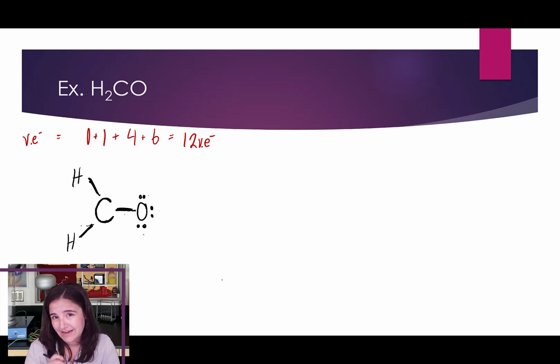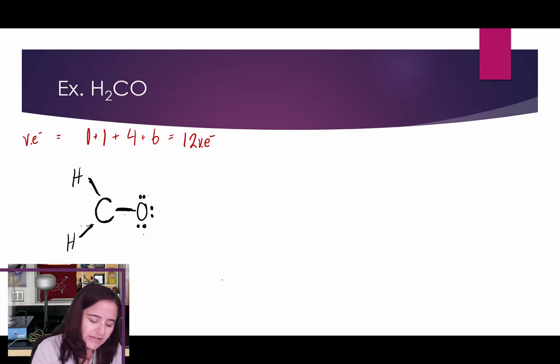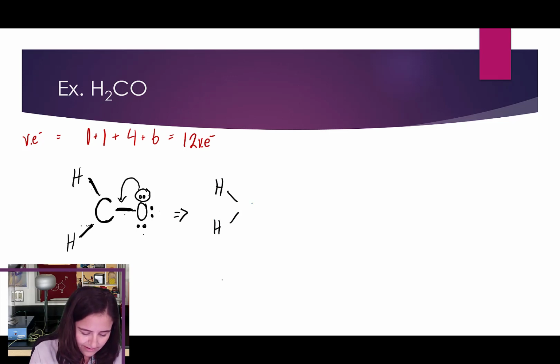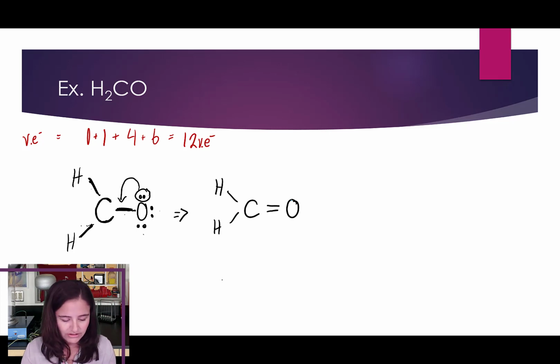Our carbon isn't happy yet. The carbon only has 6 electrons surrounding it, those 3 shared pairs. Now, carbon wants to have 8, but we're out of electrons. So we're going to take one of our lone pairs from oxygen, and we're going to move it to create a shared pair, creating a structure like this, with a double bond between the carbon and the oxygen.